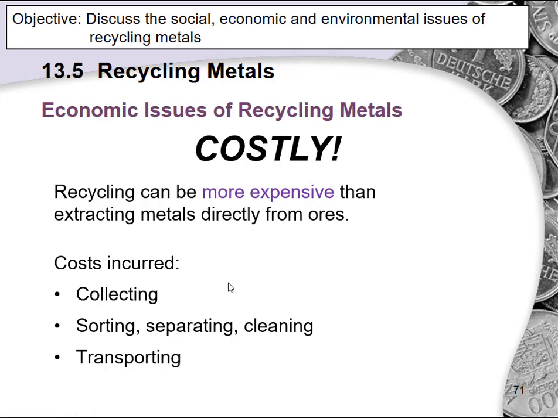In a small country like Singapore, to recycle objects is very easy. You can easily collect metals from all over the place in Singapore and transport to a recycling center for recycling, and that doesn't take a lot of transportation costs. But in a very large country like US, Canada, or even Russia, if you want to transport a piece of trash metal, for example a car that is spoiled during an accident, instead of dumping it at the roadside, you want to tow it all the way to the recycling center.